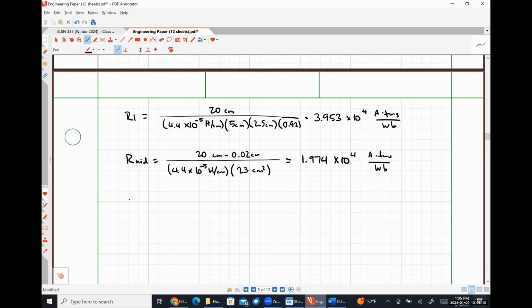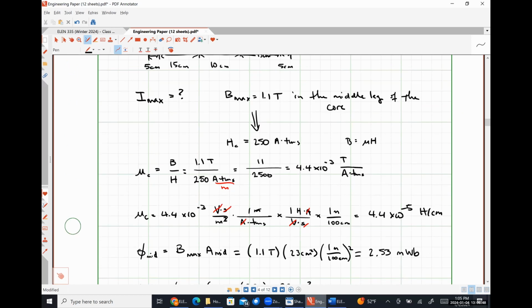And then we have the gap. So 0.02 centimeters over 4 pi times 10 to the minus 9 Henries per centimeter. And then our width is 10.02 centimeters, and our thickness is 2.52 centimeters, because we increase the dimensions by the gap length in all directions.